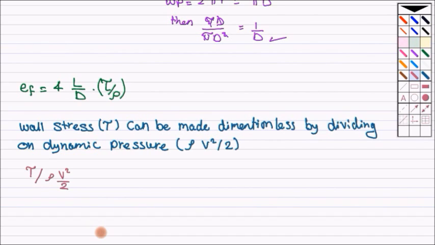By this I can get a dimensionless group called F, where F is the Fanning friction factor, and here tau will equal F times dynamic pressure.